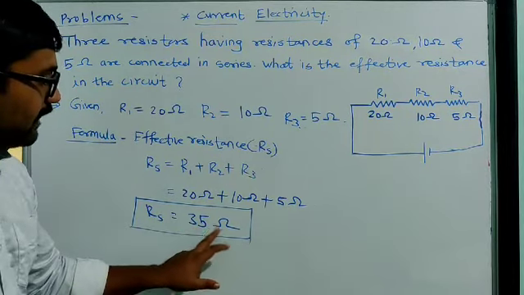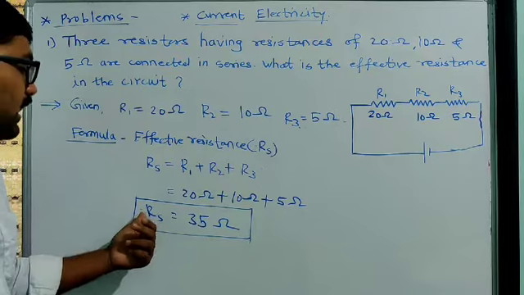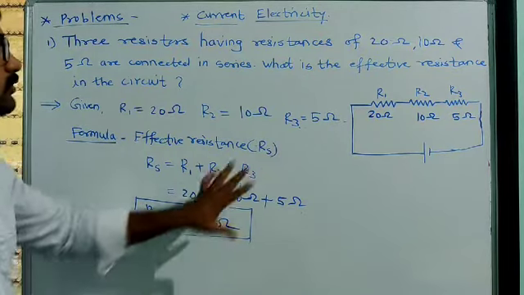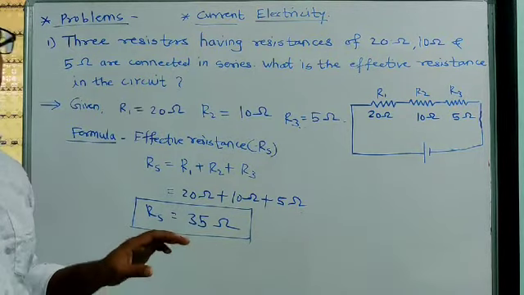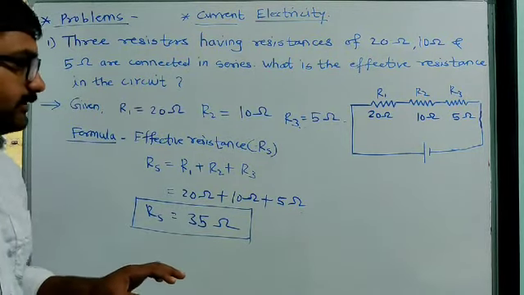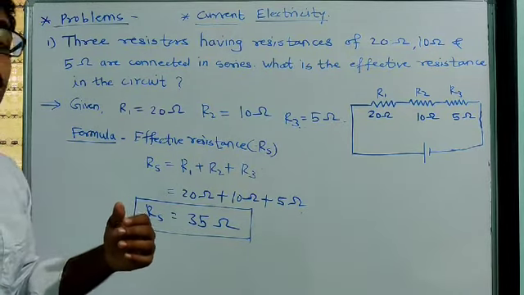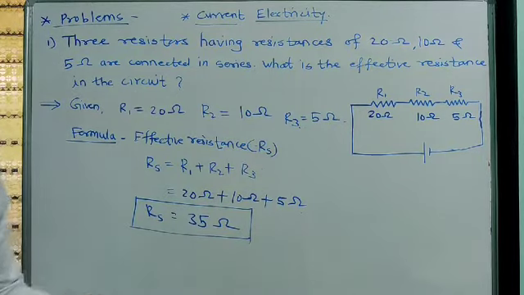After writing the answer, we have to write the unit. That unit is also important, and we know resistance has the unit ohm. So this is all about resistances in series. Now in the next topic we will see how we can calculate the effective resistance when we connect the resistors in parallel.